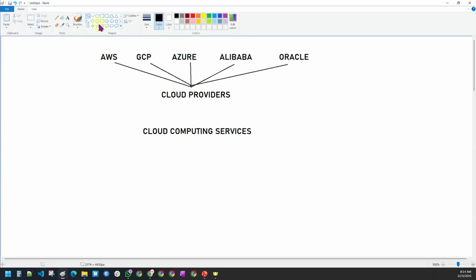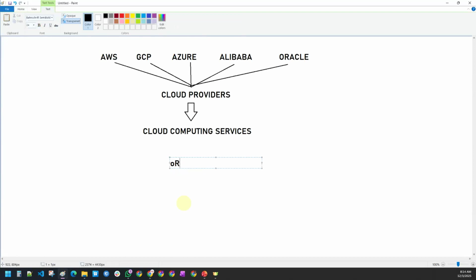These are the multiple cloud providers available in the market. They provide you the cloud computing services for the organizations.